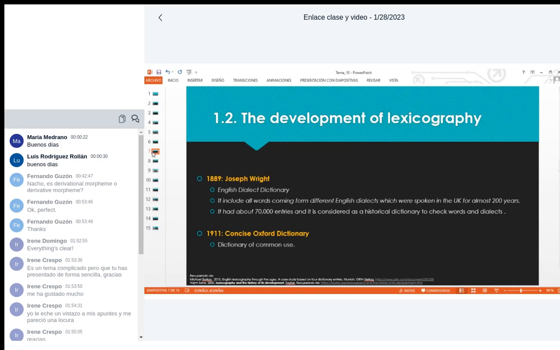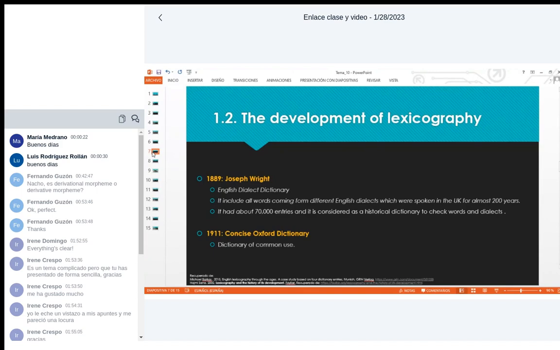Nowadays, the construction of the meaning of words is different, although the dictionaries are the place where we can look words up.